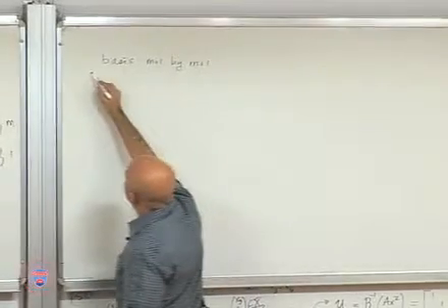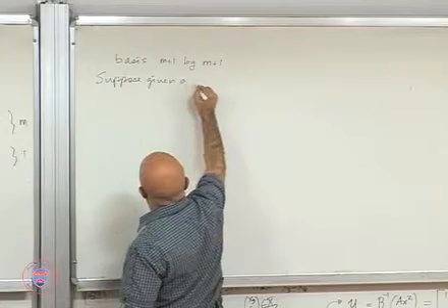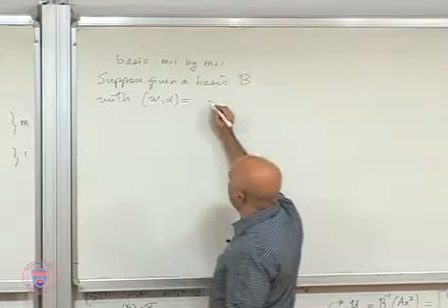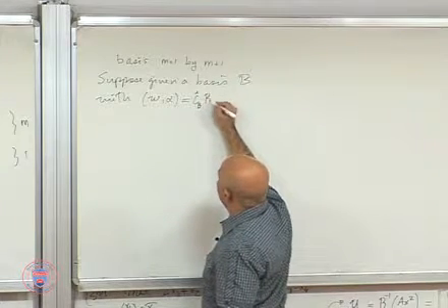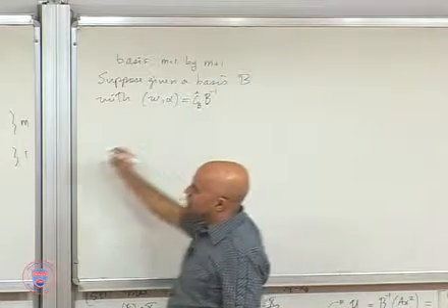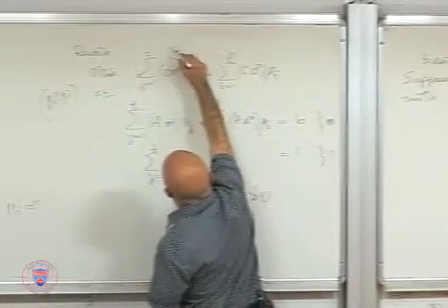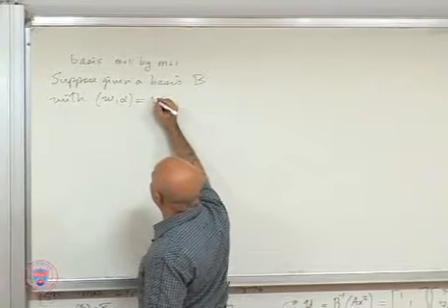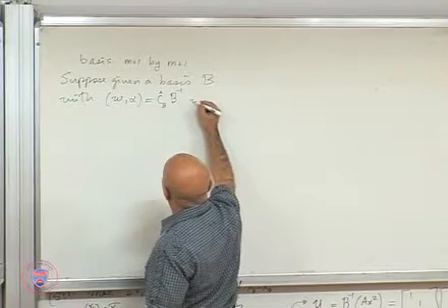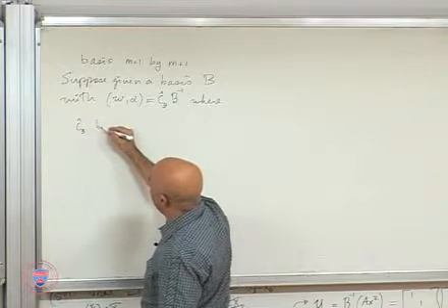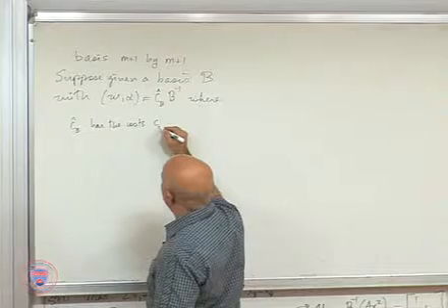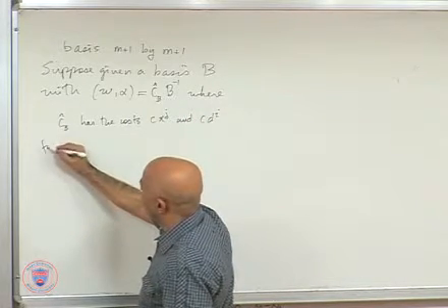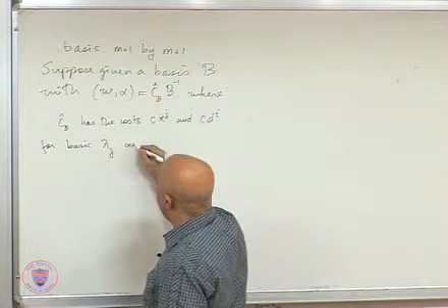All right, so suppose given a basis B with w and alpha defined by CB cap B inverse, where CB cap has the costs c times xj and c times di for basic lambda j's and mu i's.